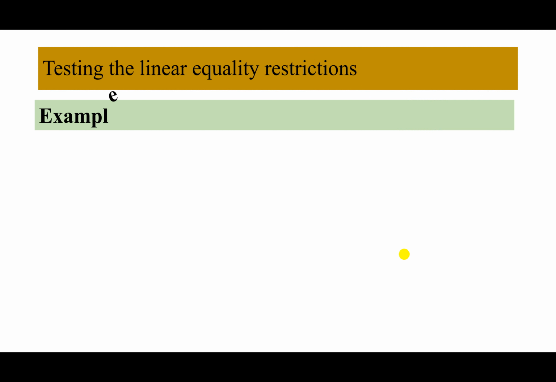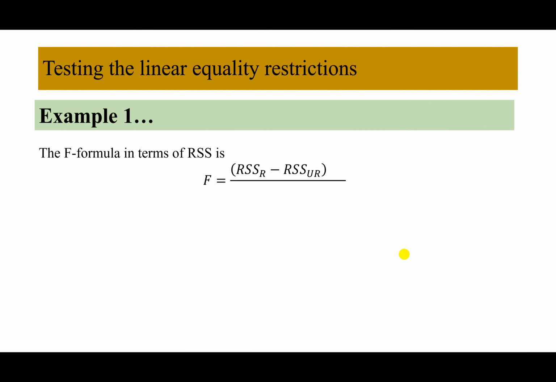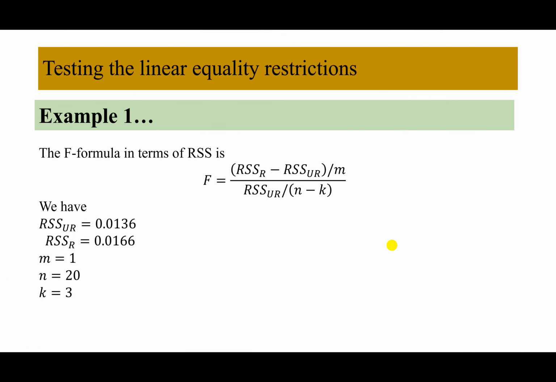and our alternative hypothesis is that beta 2 plus beta 3 is not equal to 1. Now let us define F using the concept of residual sum of square as follows. F is equal to the residual sum of square of the restricted model.